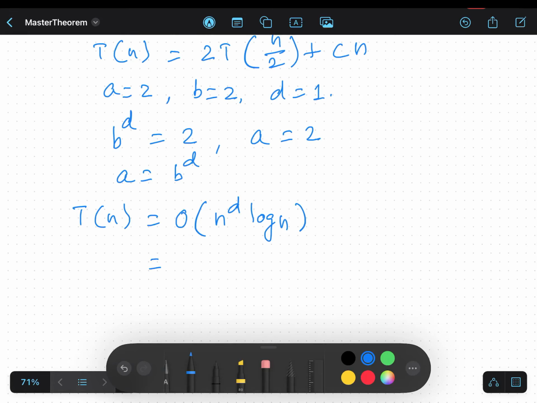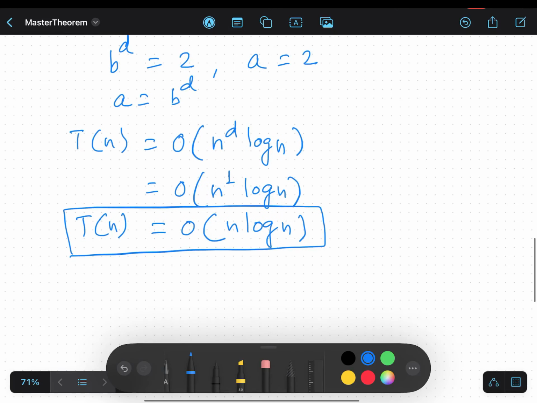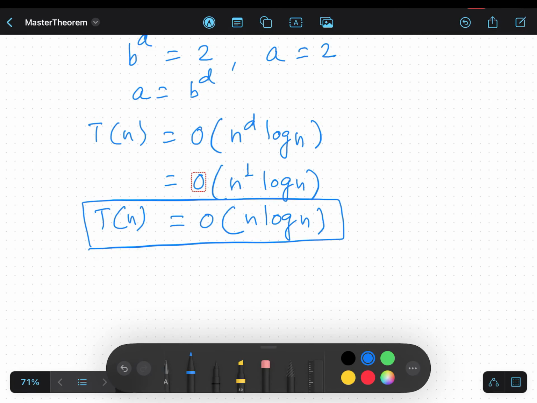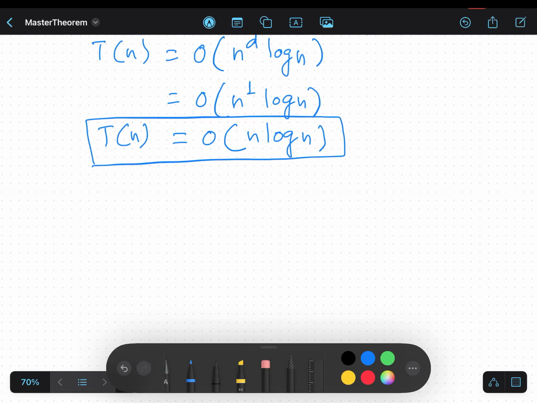And if we put the values, d is 1, n log n, which is O of n log n, and that's it. Isn't this the time complexity for a merge sort algorithm, right? Okay. Let's take another example.